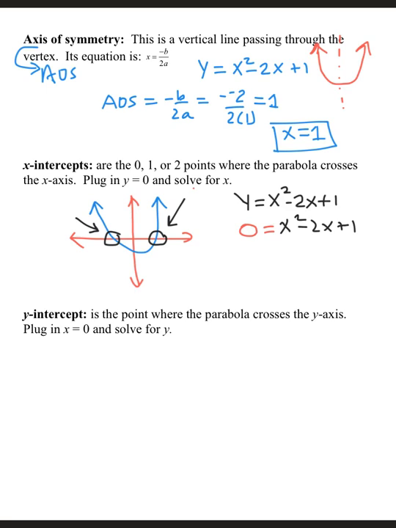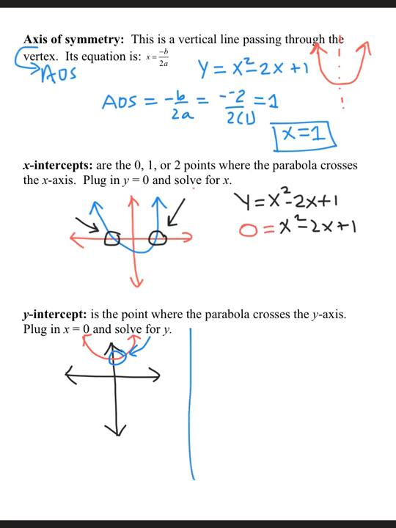Okay, now let's go to the y-intercept. This is where the graph cuts the y-axis. For example, let's assume I have a graph, and I'm just making a sketch. If that's my parabola, this here is my y-intercept.